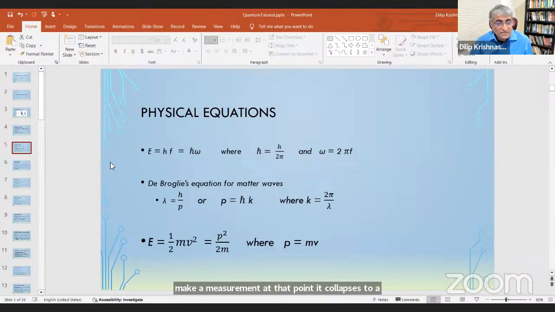In these equations, these are some of the physics equations. You have E equals h times the frequency, or h bar omega, where omega is 2 pi f. You have other equations like de Broglie's equation that tells you what the wavelength is as a function of Planck's constant and the momentum. And then you have energy equations, for example, where energy is p squared by 2m.